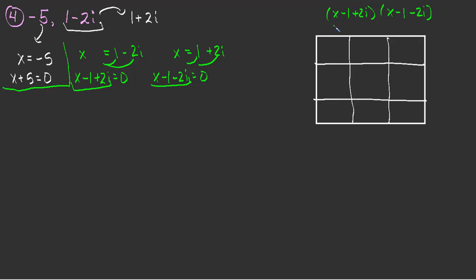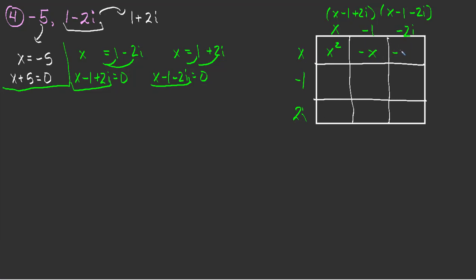It really doesn't matter which one you put on the columns and which one you put on the rows, as long as you have them in both places. So we're going to multiply x squared. Multiply, and that gives me negative x.